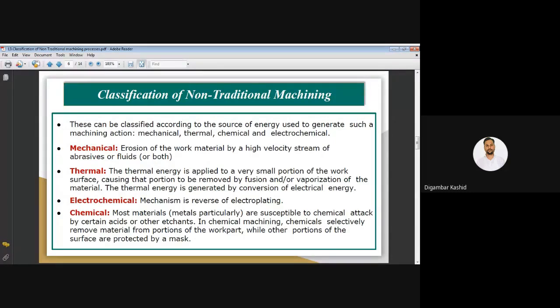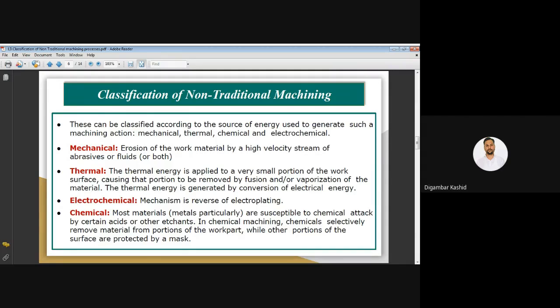the basic question will arise: how will the material removal happen using mechanical energy? There, erosion of your workpiece material will happen by a high velocity stream of abrasive or fluid or both.